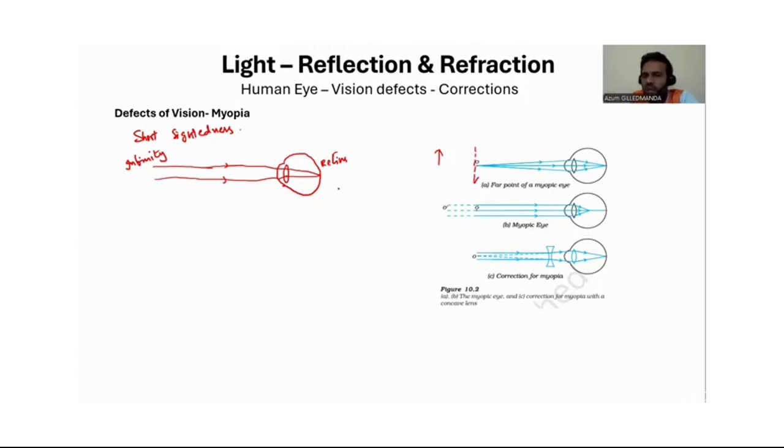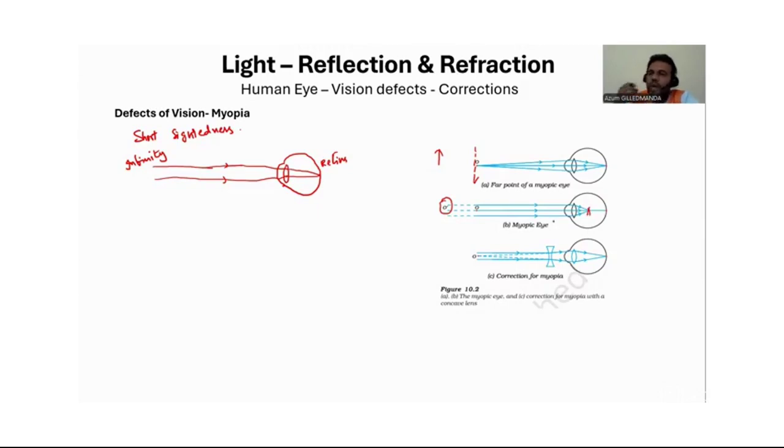If you look at the second diagram here, let's say I have my object here that I am trying to see. But what is happening here? The parallel beam of light falls onto the eye lens, right? And that is forming a focus here. The image is being formed in front of the retina.